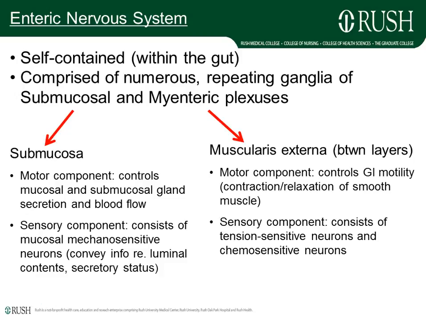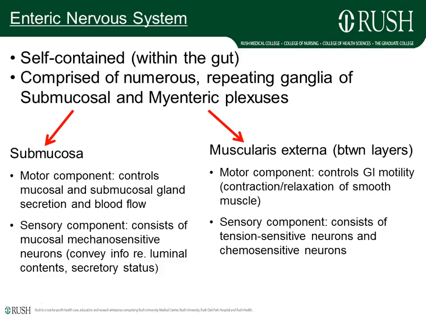The submucosal has motor components which control the mucosa and submucosal gland secretions as well as blood flow to these areas, and sensory components which consist of mechanosensitive neurons within the mucosa that convey information about what's happening in those regions, like the luminal contents and the mucosa and the secretion of glandular status and so on, back to the CNS.